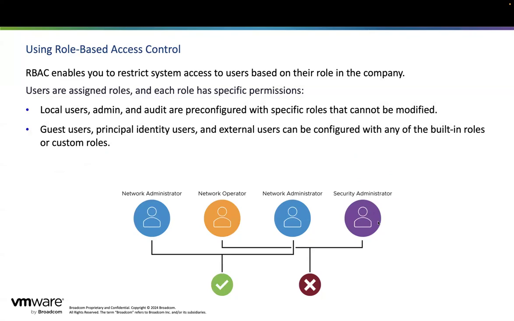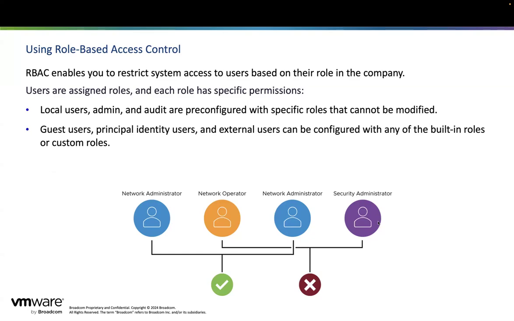Role-based access control enables you to restrict system access to users based on the role that they play in the company. Users are assigned roles, and each role has specific permissions. Local users, admin, and audit are pre-configured with specific roles that cannot be modified.